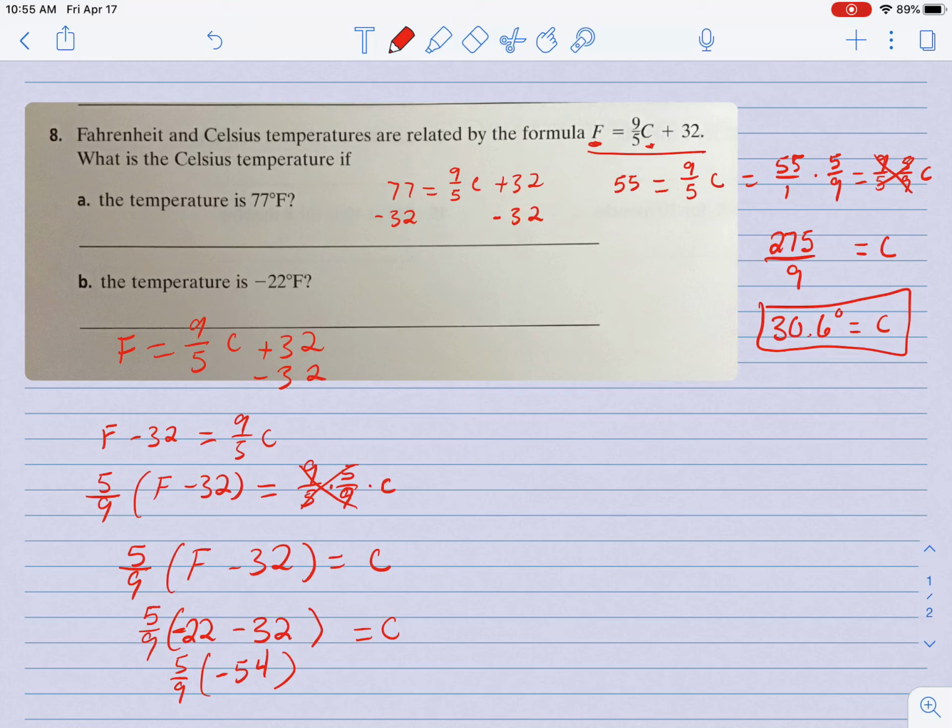Okay, and then when we take 5/9 of negative 54, we're going to get C. And so our answer is going to be a negative number. And it should be close to that 30. And actually it is in fact exactly negative 30.